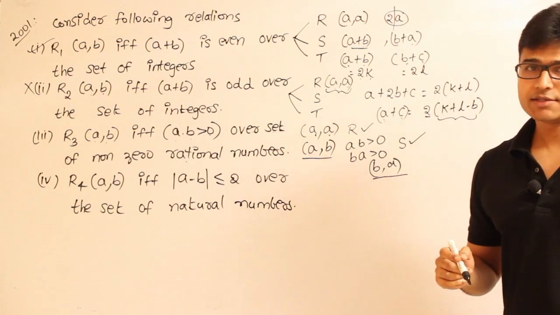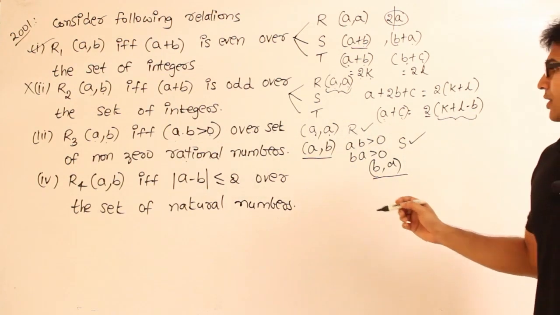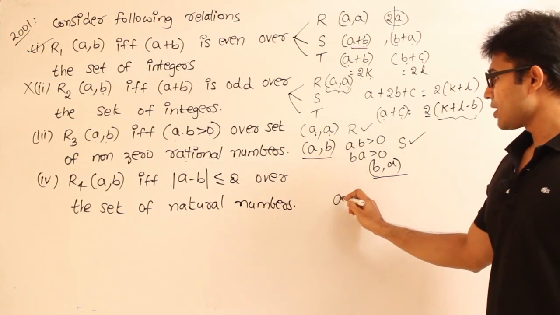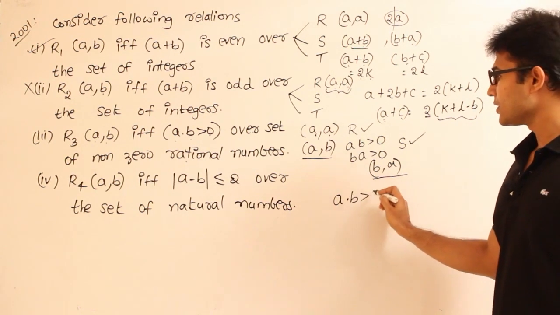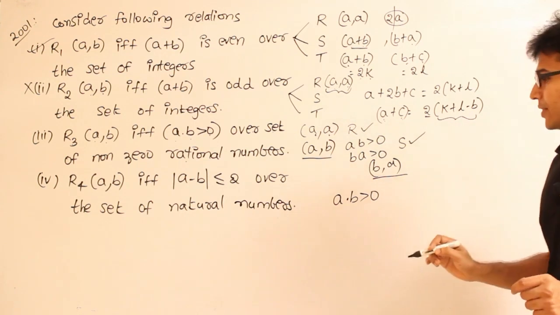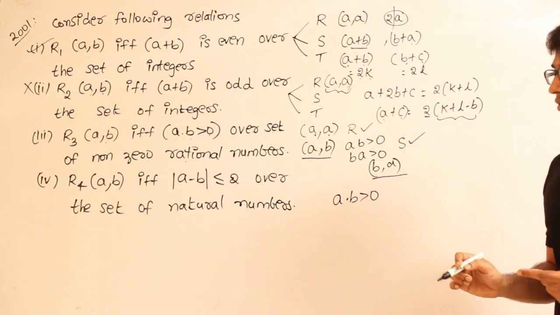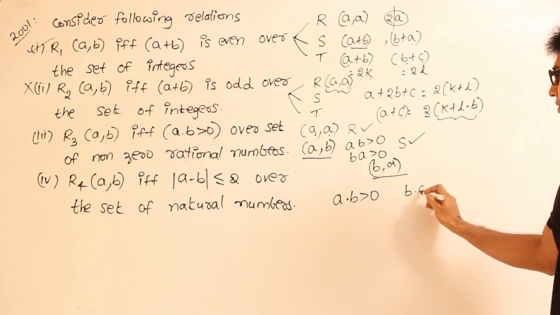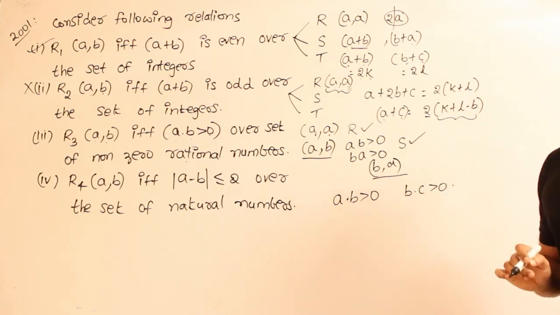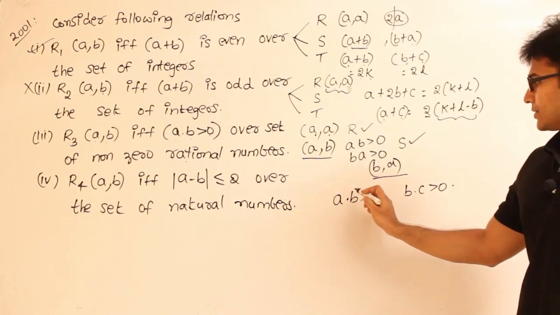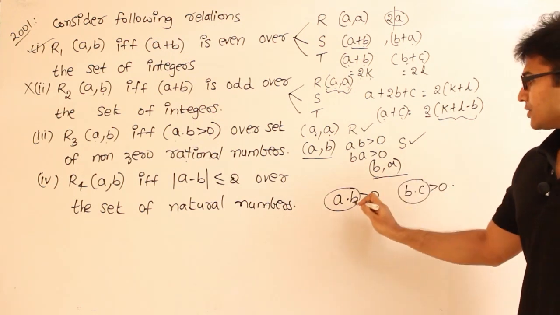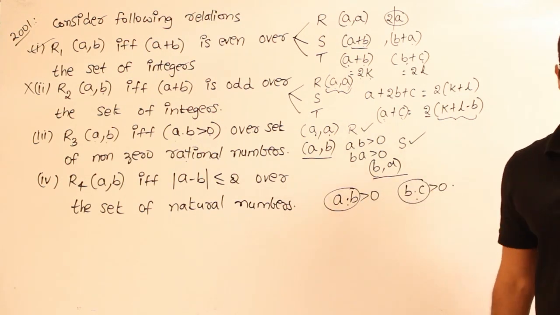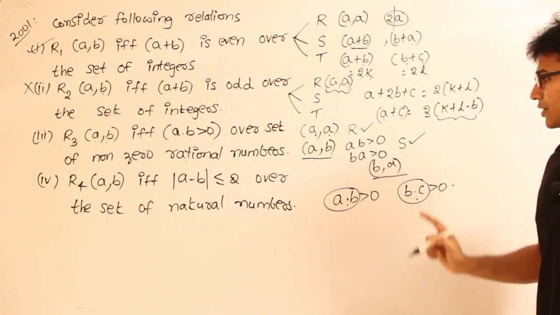Now let's see whether it is transitive or not. Let us say a comma b belong to R3, which means a into b is greater than 0, and let's say b comma c also belong to R3, which means b into c is also greater than 0, right? Now let's take the product of these two numbers. This is a positive number, this is a positive number, it is greater than 0, it is greater than 0.